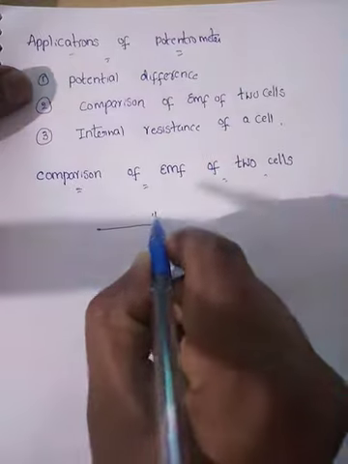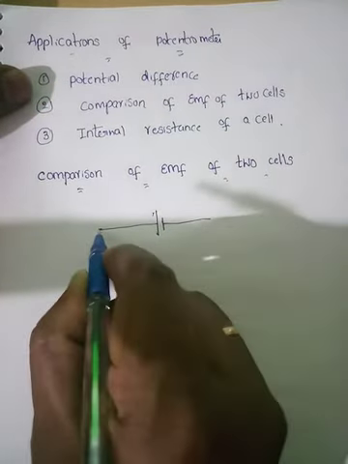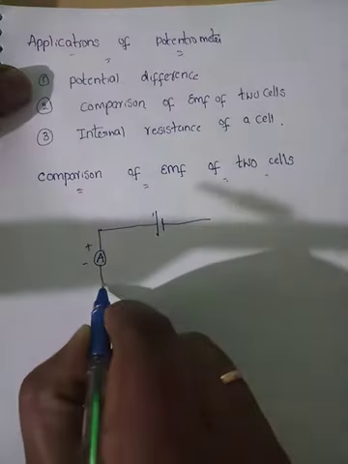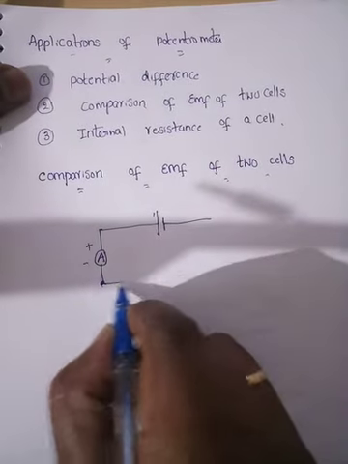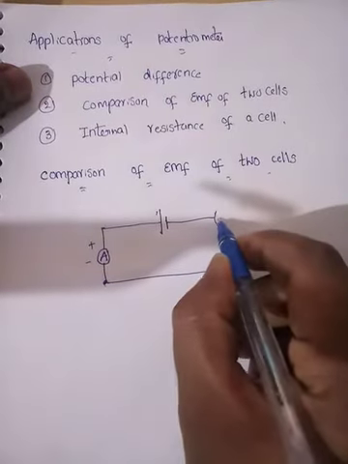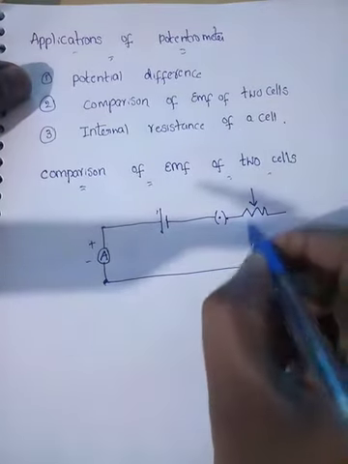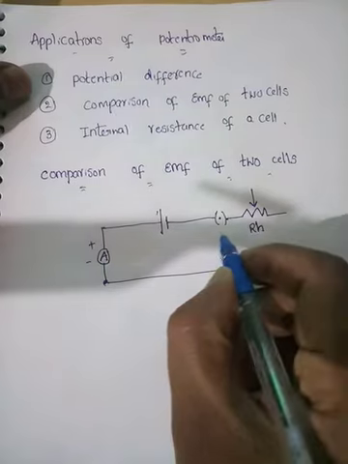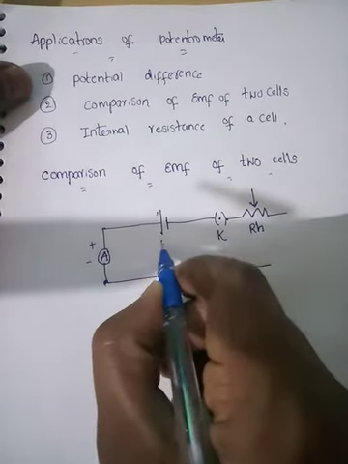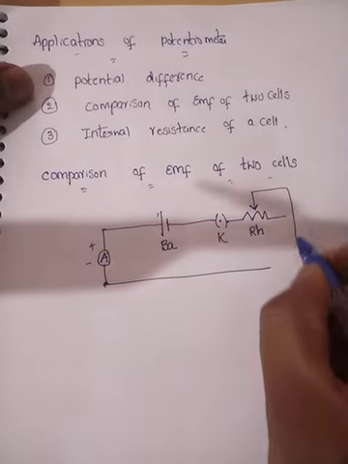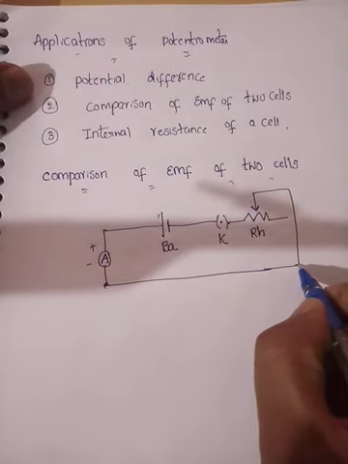The primary circuit initially has a battery connected to an ammeter, a plug key and a rheostat. The rheostat representation is RH, the plug key is K, and the battery representation is BA. We connected this; this is the primary circuit.